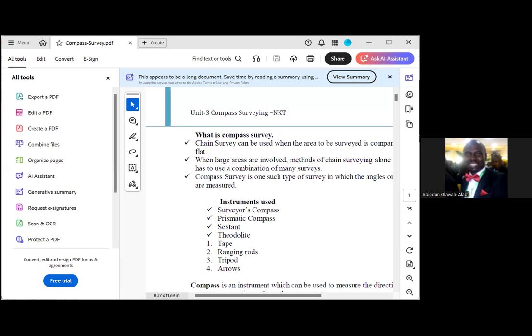All right. So that is why we now have geomatics. Okay. So that is that.